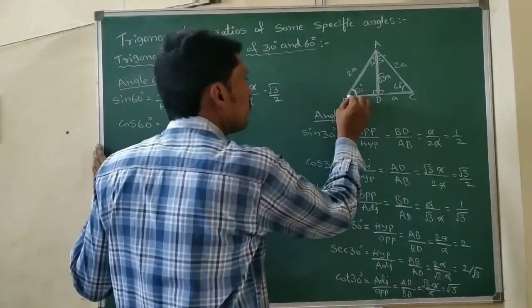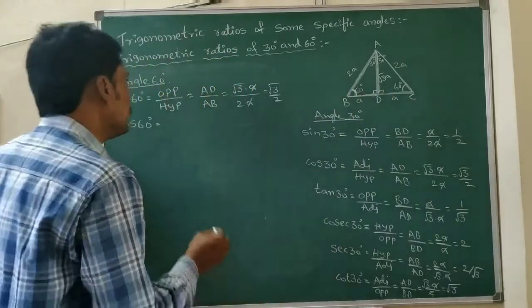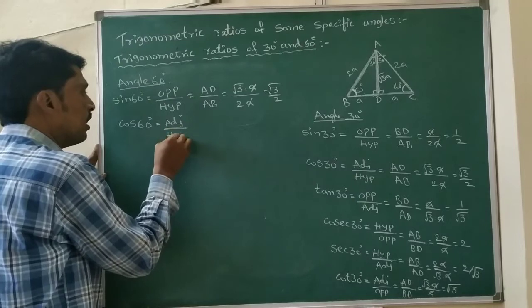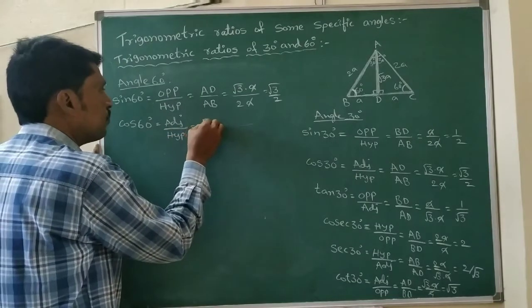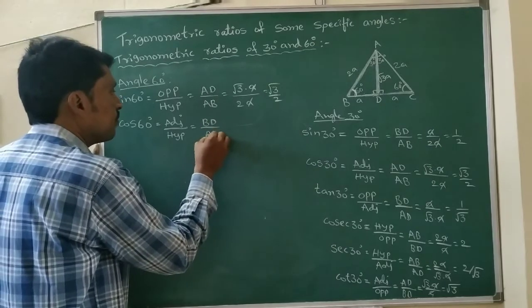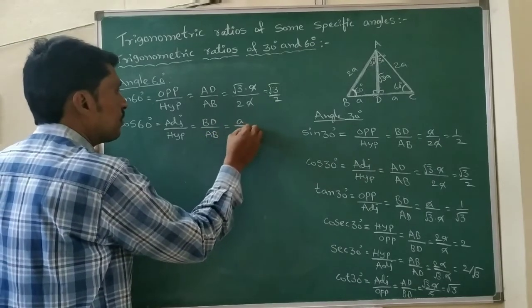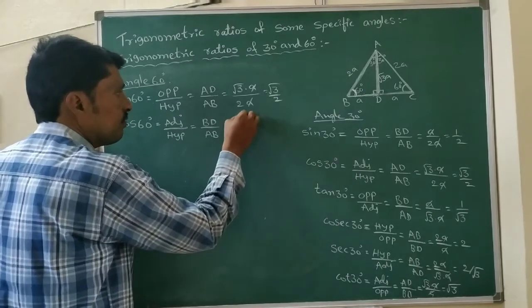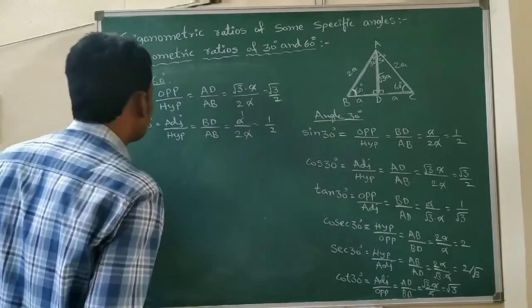BD is the adjacent. So adjacent BD by hypotenuse AB. That equals BD value A by AB value 2A. The A's cancel, which means 1 by 2 we are getting.